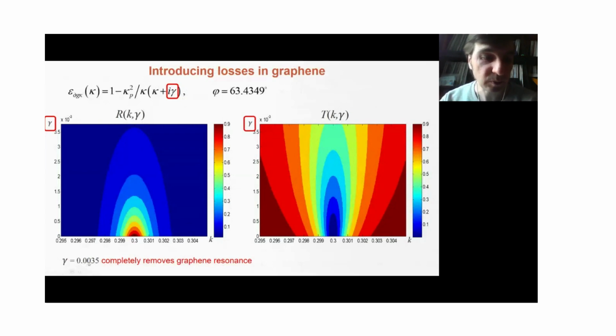And after a certain value of the loss gamma, the graphene resonance completely vanishes. So it's important to keep this in mind for model reliability.